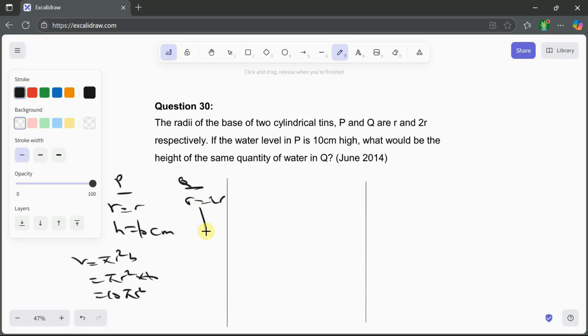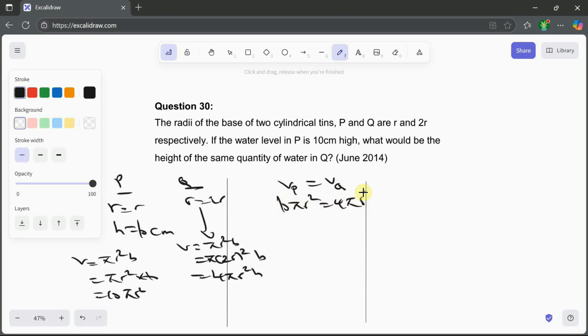The volume of water in Q is pi r squared H2, so this will be pi open bracket 2r all squared multiplying H. This will be 4 pi r squared H. And they said that they have the same volume of water, so I could say V of P is equal to V of Q, and that will be 10 pi r squared is equal to 4 pi r squared H. If I divide both sides by 4 pi r squared, this will cancel this, this will cancel this.